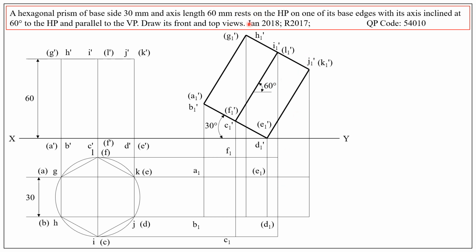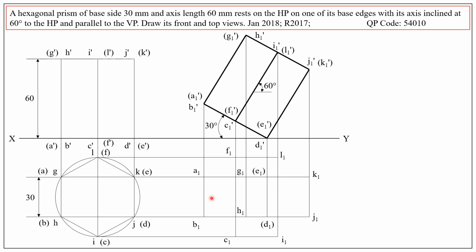Similarly, we can locate the different corner points corresponding to the hexagon at the top. So G1, H1, I1, J1, K1 and L1. So these points are located as per the discussion we made in the previous problem.